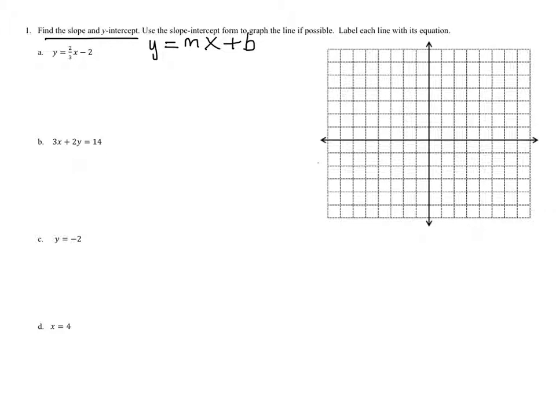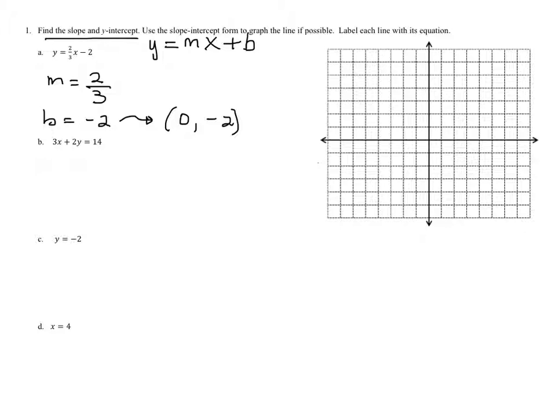If y is solved for in terms of x, we can read the slope and read the y-intercept right off the equation. So in this case, y is already solved for, so the slope is equal to 2/3. Good? It's a number. It's a way to get from one point to another. And b is equal to -2, but I prefer to write the ordered pair (0, -2).